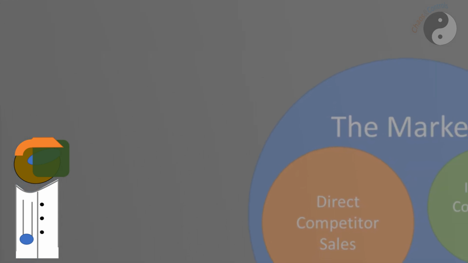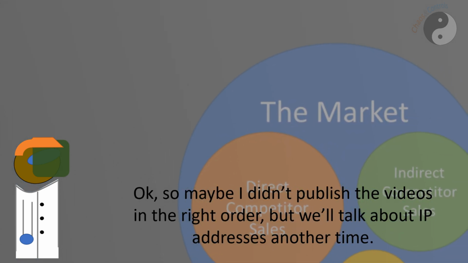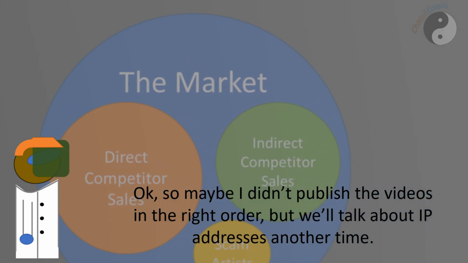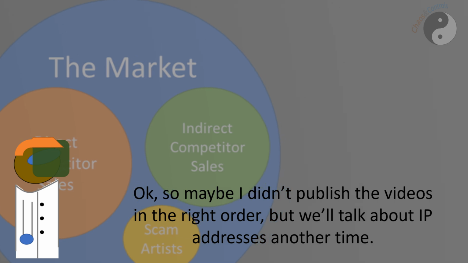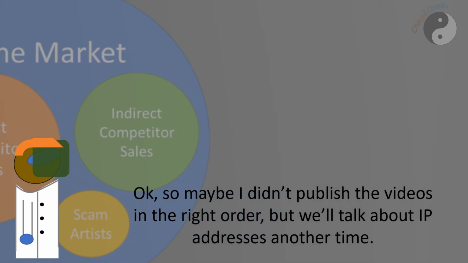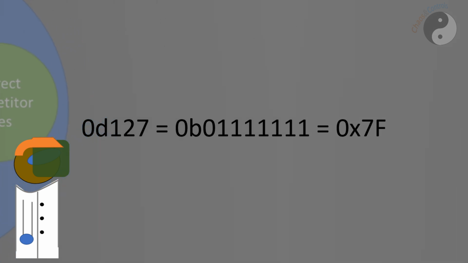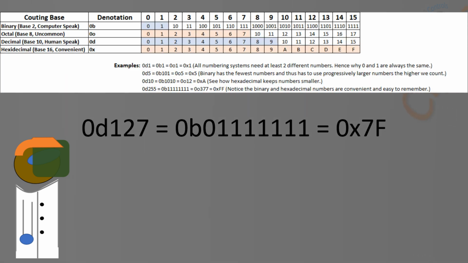So let's take an example from a previous video. You'll recall that in the IP addresses video we talked about the loopback being at 127 dot something. If I wanted to represent 127 in decimal, it's just 127. If I wanted to represent it in binary, it would be a single 0 followed by 7 ones.